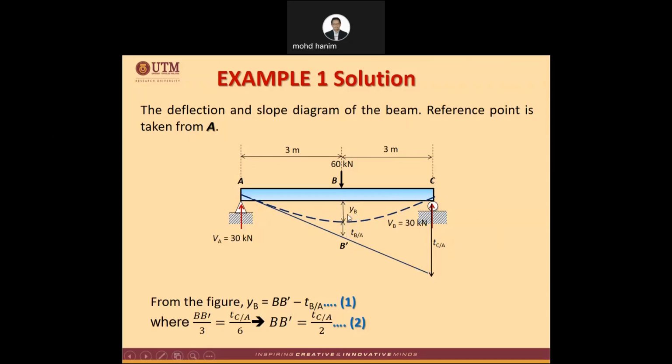What is the relationship between YB, TBA, and TCA? From the figure, YB plus TBA equals BB dash. Therefore, YB equals BB dash minus TBA.